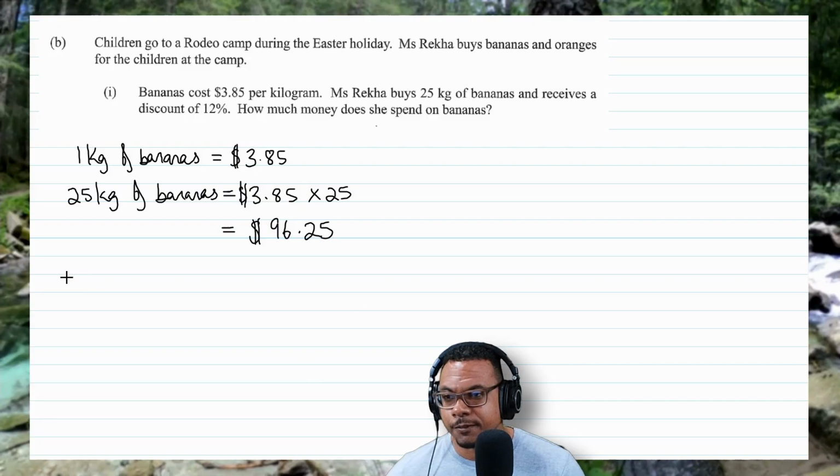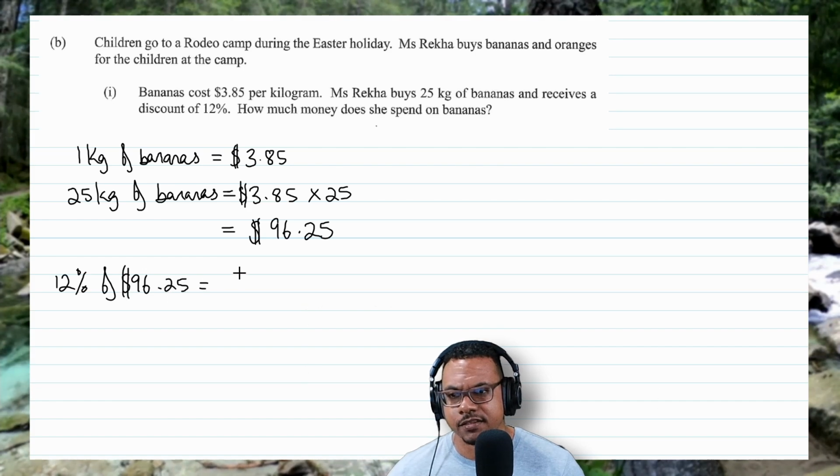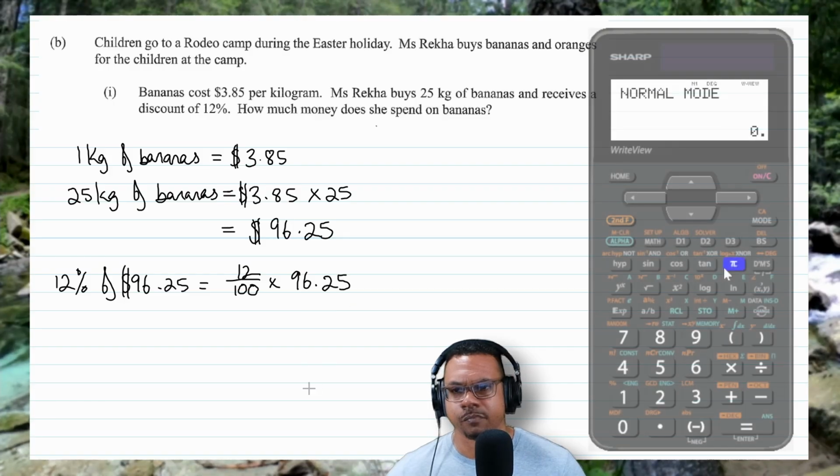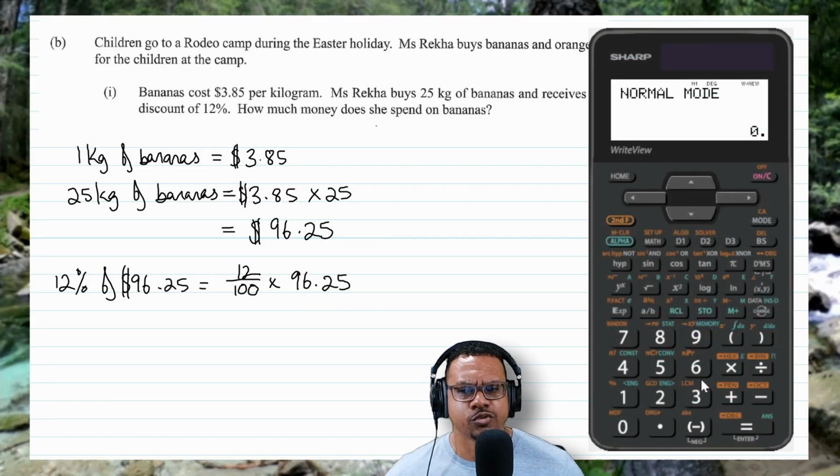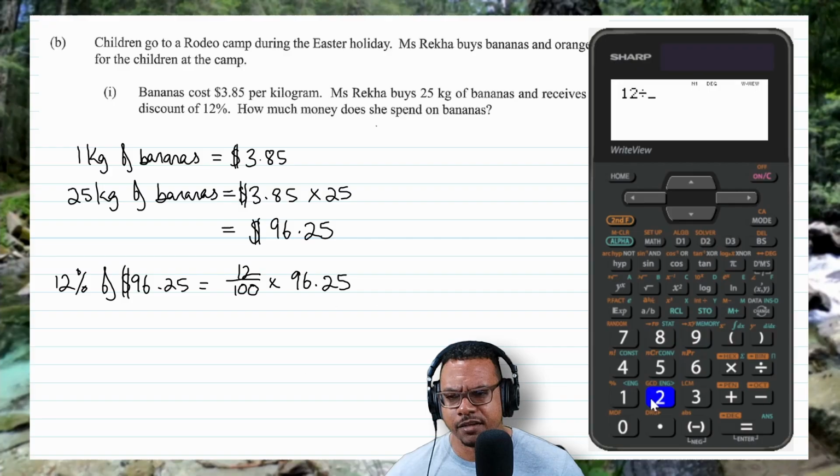So 12% of the 96.25 is equal to 12 over 100 multiplied by 96.25. Now you can put that straight on the calculator, because 12 over 100 is simply 12 divided by 100, and let's multiply that by the 96.25. Notice I didn't put any brackets here because multiplication and division are interchangeable.